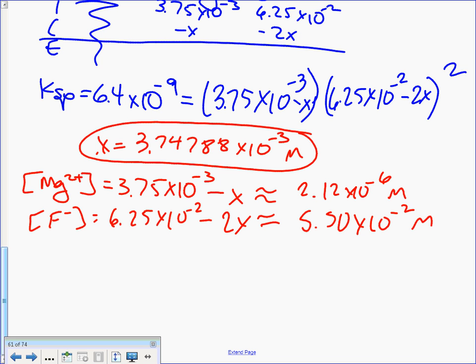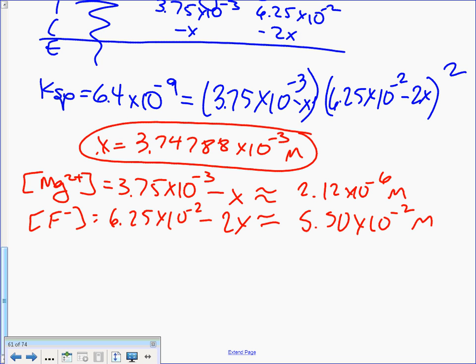How about you guys do 4 and 5A. 5A being the first one, and that's it. I'll do the rest of the stuff tomorrow. So 2 questions on KSP.